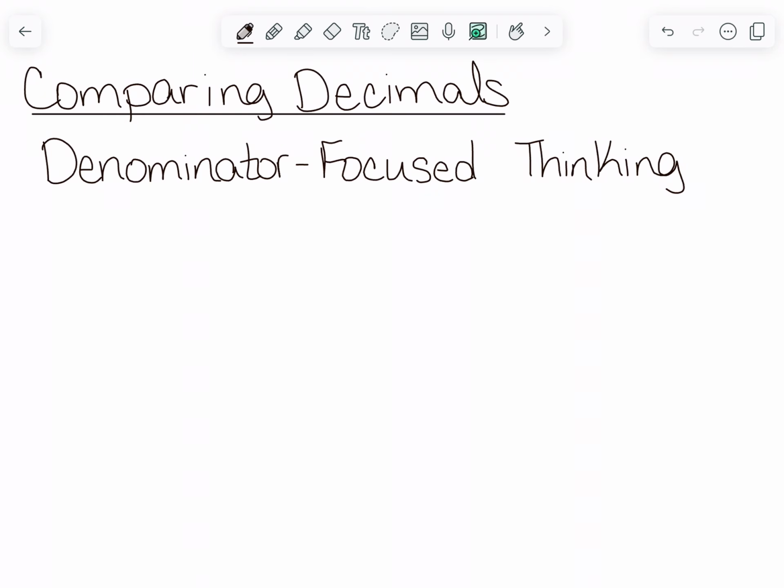The next method students may use is what's called denominator-based thinking. With this thinking, any number of tenths is greater than any number of hundredths. Any number of hundredths is greater than any number of thousandths. For this, 5 and 47 hundredths, students would focus on the fact that that is hundredths place value.